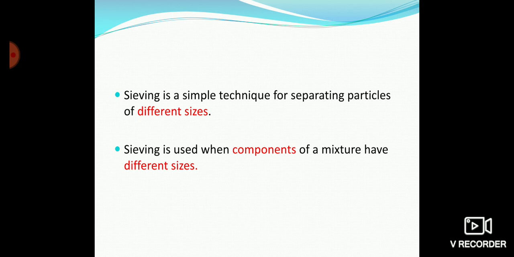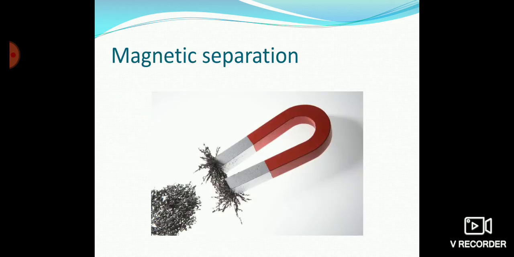Okay, now see the next method, magnetic separation. Some substances are attracted by a magnet, so those substances are called magnetic substances. In a mixture where one of the components is magnetic in nature and the other is non-magnetic, the components can be separated by using a magnet.